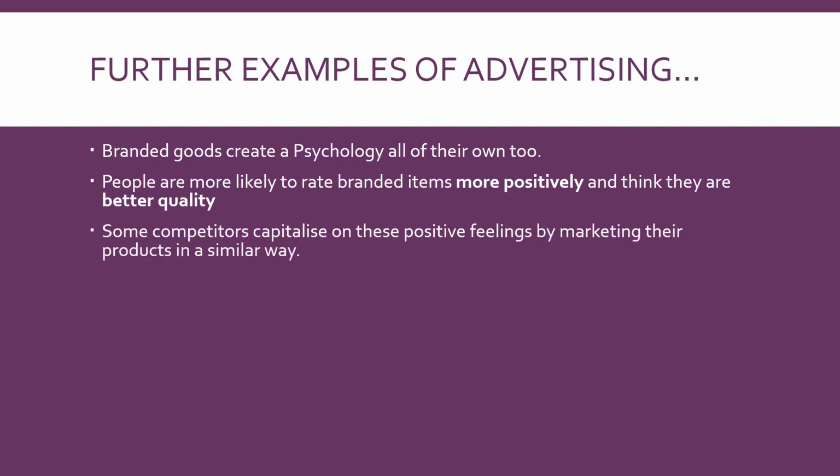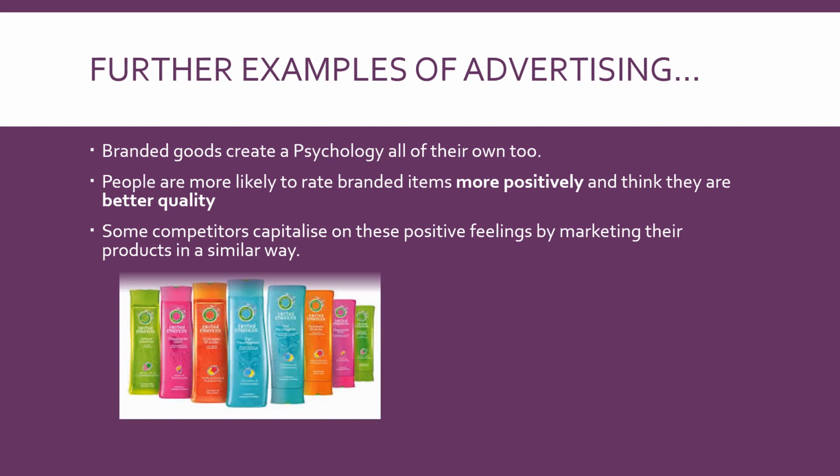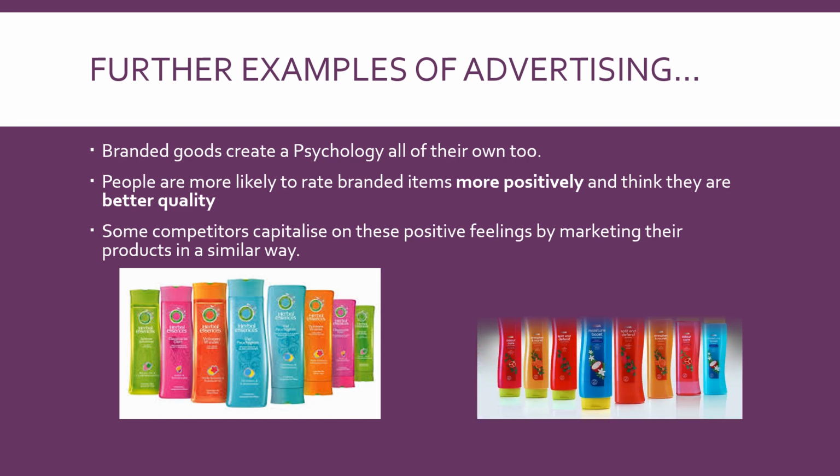So a lot of competitors will take advantage of this, and they will market products in a very, very similar way. So here's Herbal Essences. I'm sure the ladies will probably recognise this a little bit more. So Herbal Essences, well-known brand, all those lovely like rainforest, like hair adverts.